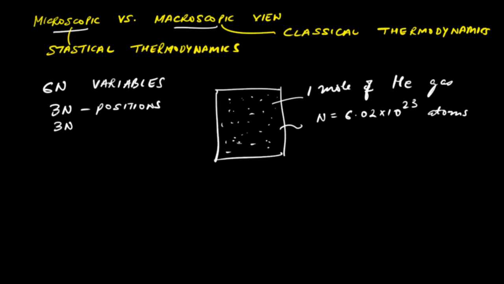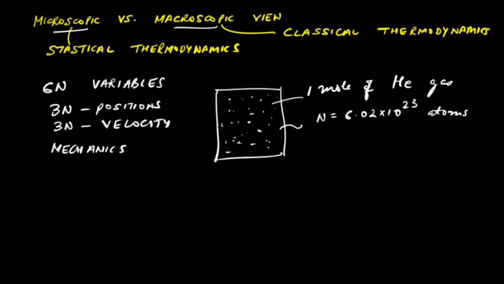So 3 components of position x, y, and z, and 3 velocity components for each particle, and therefore 3N in all. That means we need 6N variables to describe the behavior of this system if we were to use the laws of mechanics. So imagine that we know how these particles interact with each other.